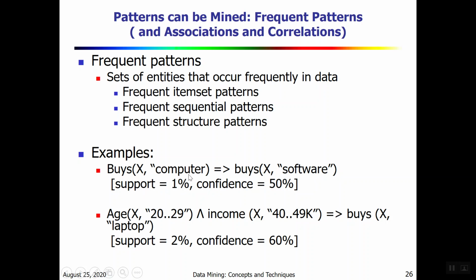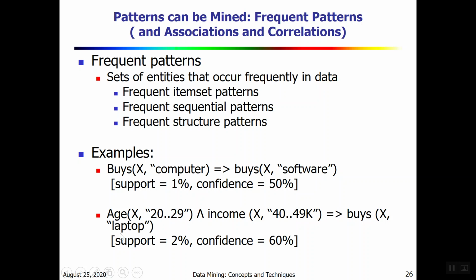Confidence says among all the customers who purchased a computer, 50% of them also purchased software. So the confidence characterizes the strength of the association from buying this item to also buying another item. Here is another example.